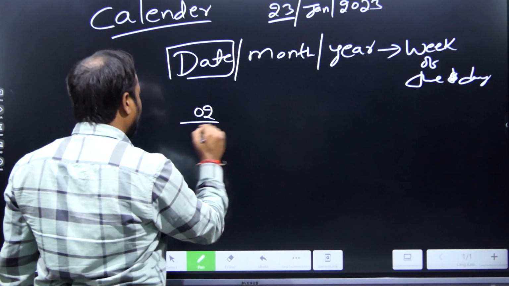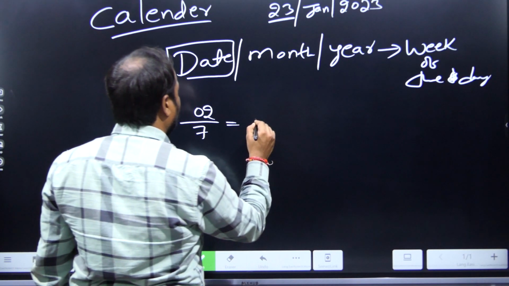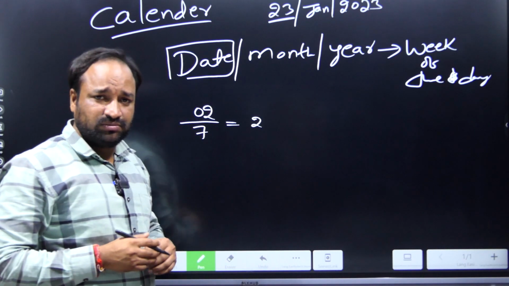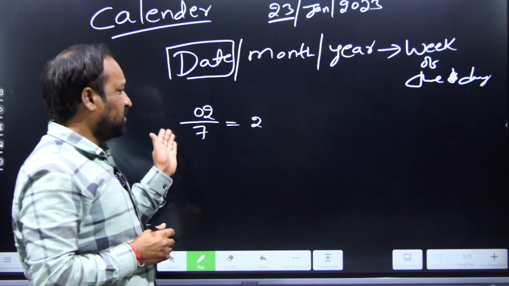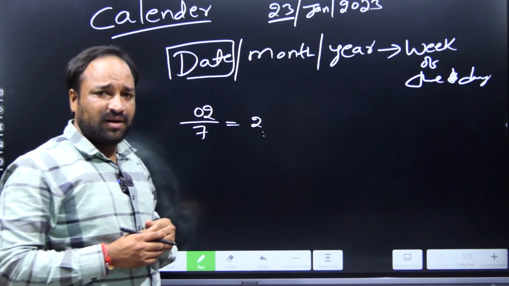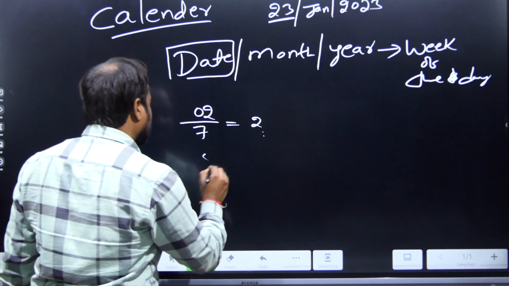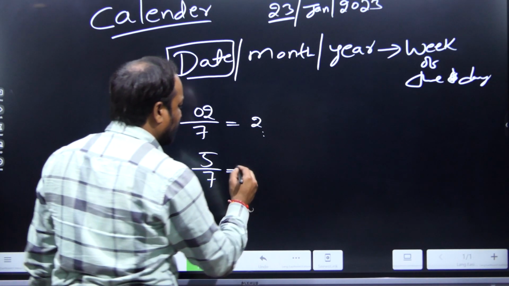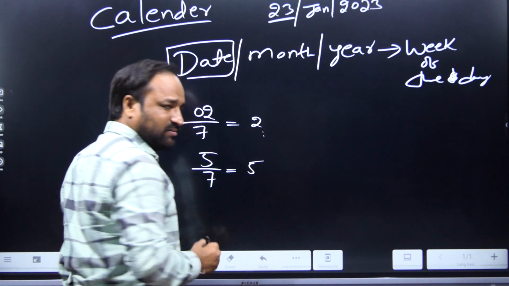For example, if I consider the date as 2, the 2 divided by 7 leaves remainder 2, because in the 7 table there is no 2. If the date is 5, the remainder is 5.